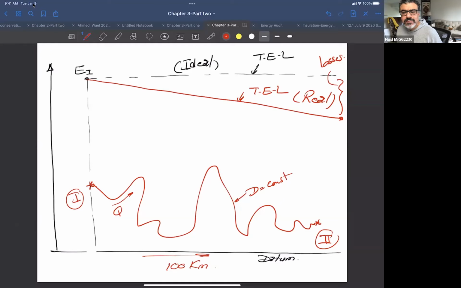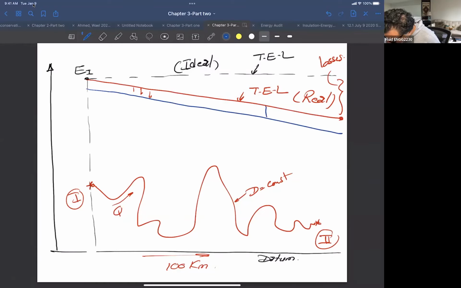It's going to be lower than the total energy line by V square over 2g. If I want to plot something that is lower by V square over 2g, that means this is going to be my line here, right? So the line here will be something like this. I hope you agree with that.